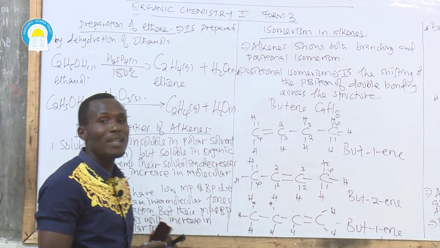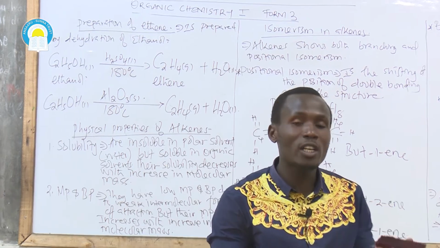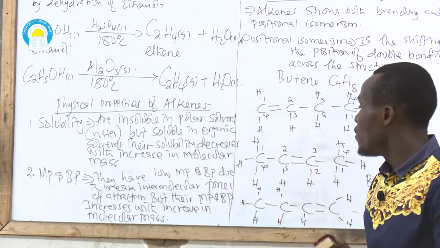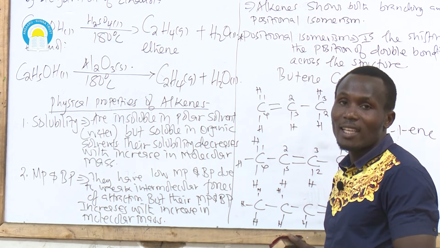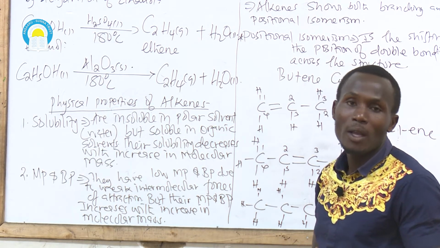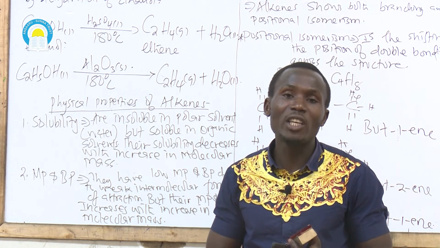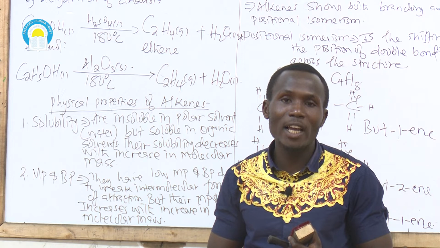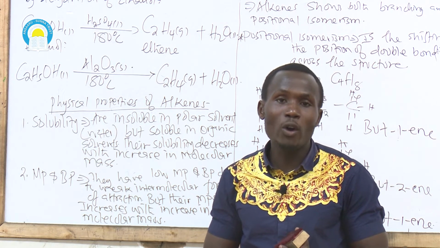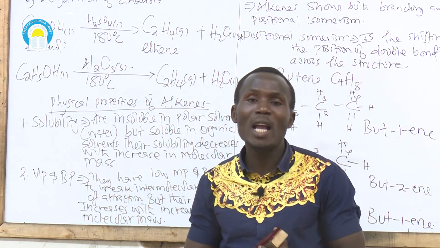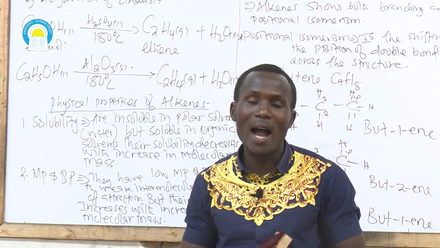So as the molecular mass increases, the strength of the intermolecular forces of attraction also increases, making their melting and boiling points increase. That tells us if we have ethene and pentene, pentene will have a higher melting and boiling point than ethene. This is because it has bigger molecular mass with strong intermolecular forces of attraction.